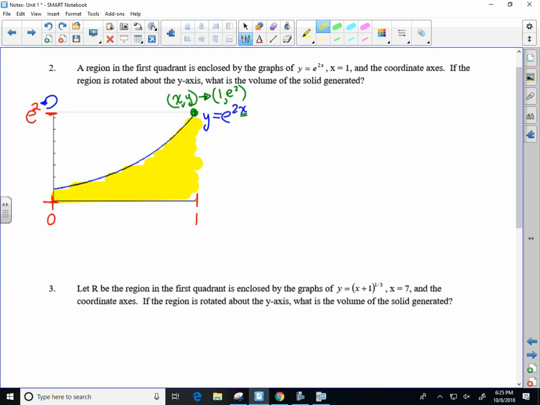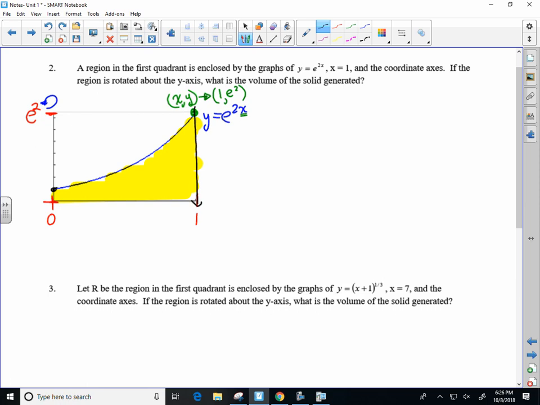Now, if I could spin it around the x-axis, this would be a disk method problem, and it would be very easy. If I was spinning the other region, the part that I didn't shade around the y-axis, also disk method. Unfortunately, here we're stuck. We have to use the washer method, at least until I teach you about cylindrical shells. So, first off, we have a function here.